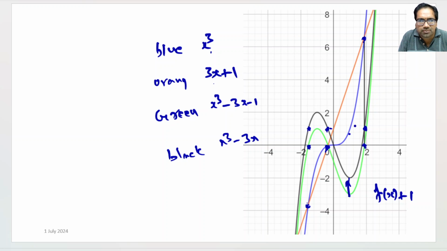At these three places, this graph is equal to 1. What does that mean? This green graph is equal to 0, because this graph is actually shifted 1 unit upwards. Whenever green is 0, black is 1. Whenever green is 1, black should be 2. So the graph is always 1 unit above the green one.